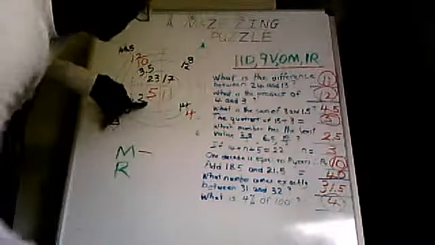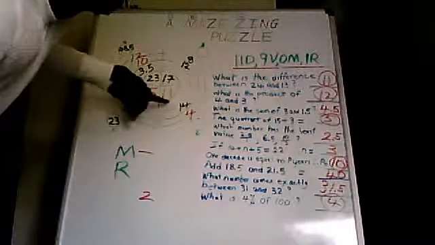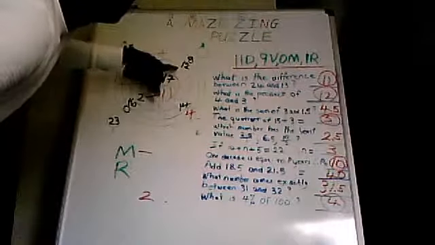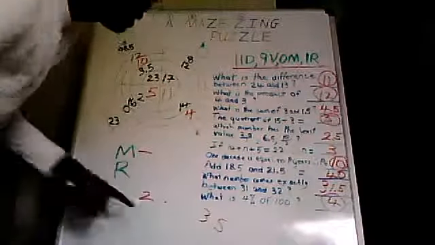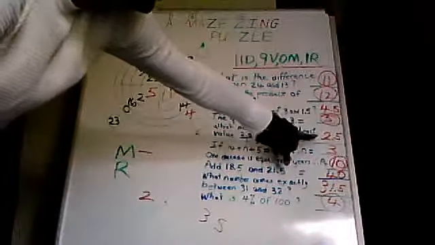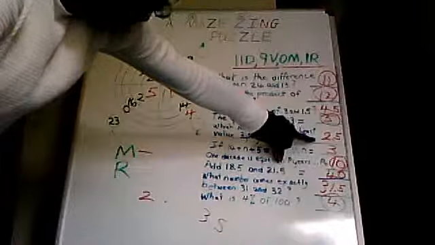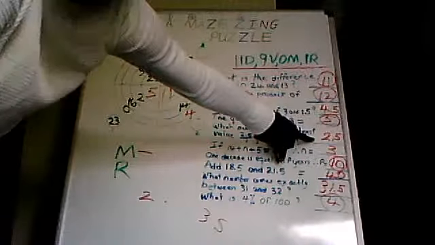This ring starts with 2. There's 2 empty spaces and 3.5. I'm gonna trust these two numbers because it seems as if we are counting up by 0.5.